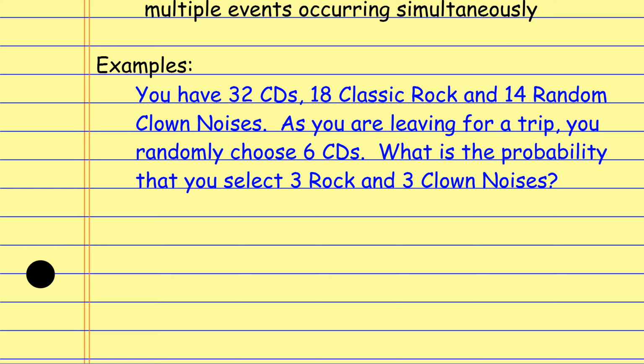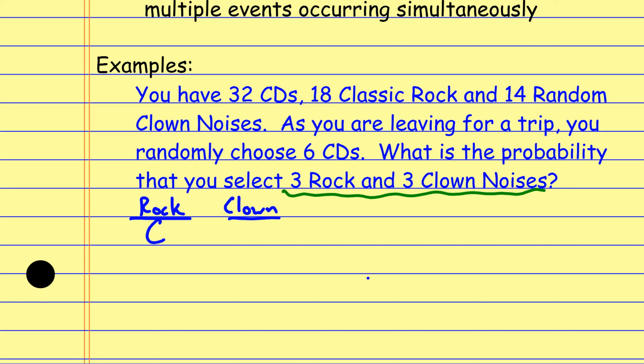And so, just like before, if I asked you, how many ways could I get 3 rock CDs and 3 clown noise CDs, we would do combinations for that. We'd say, oh, well, 3 rock CDs, I know that's the combination for the rock. I guess I should label this. And then we would do a combination for the clown noise CDs.